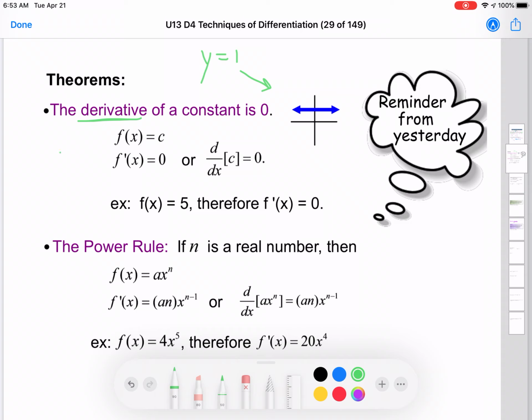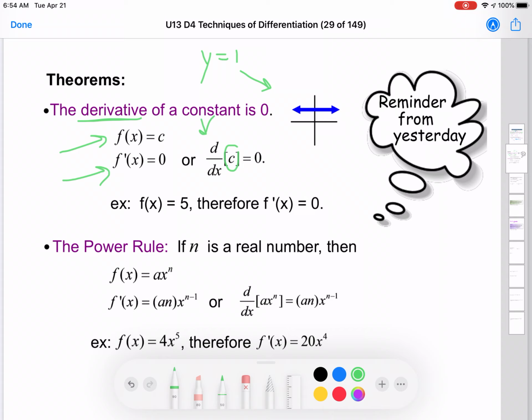So I wrote it out, f of x equals c, so therefore f prime of x, that's the derivative. Or I can say d over dx, which means the derivative of the function is equal to 0. So if I give you f of x equals 5, then the derivative is 0. The power rule yesterday, and the power rule is what I just did on part B on the challenge question, right?